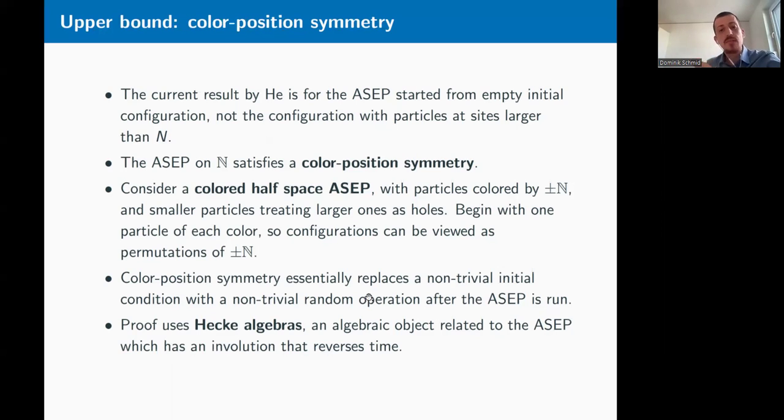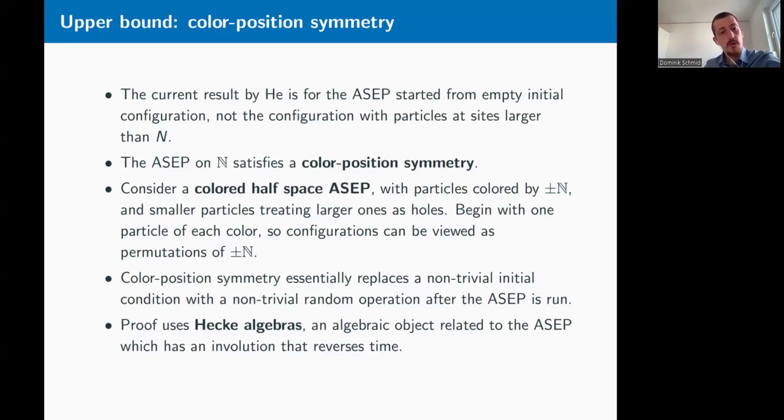Roughly speaking, what this says is that if you want to consider the ASEP started from a different initial condition where all sites larger than n are initially occupied, you can start with empty initial conditions, let it run, and then do some non-trivial random operation for the ASEP afterwards.